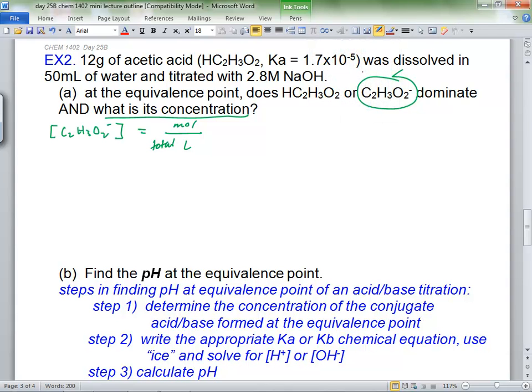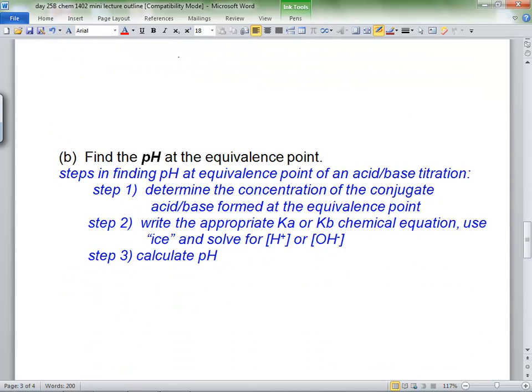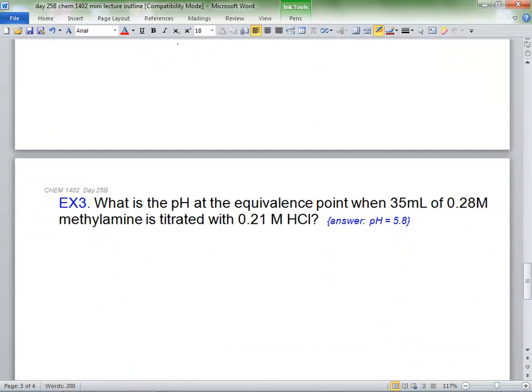Mole bridge. What do you mean? That's it. Do you hear them? They gave you grams. You convert it into moles. That's not how we usually do these questions, right? Here's a typical question. How do you get the moles?